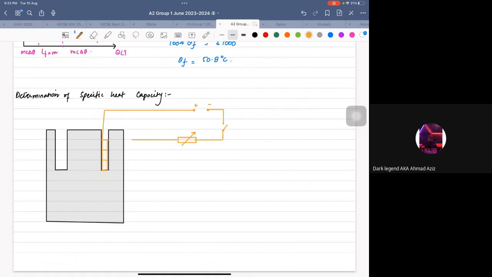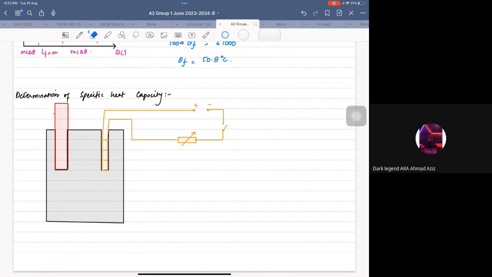All right. And then you need to, okay, that's pretty messed up. Chalo, koi baat nahi. Make the connection like this. So the connections should be seen like this. So this is the circuit, and then on the other side, you need to put a thermometer.